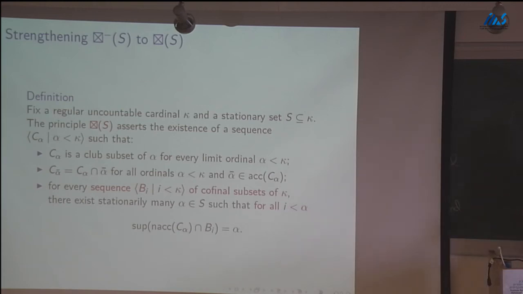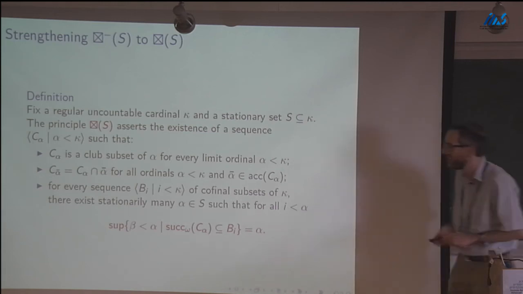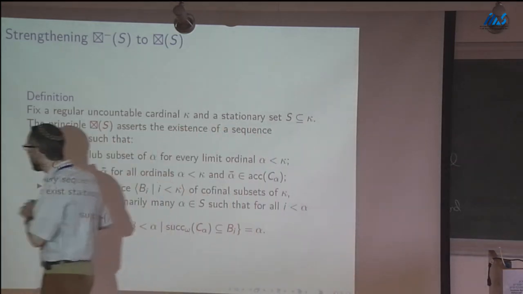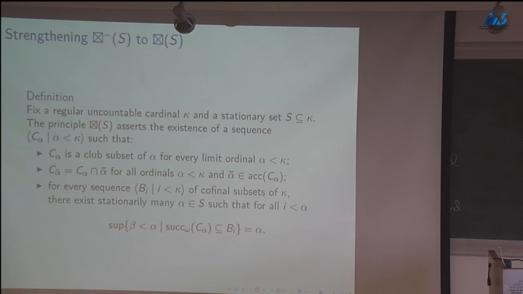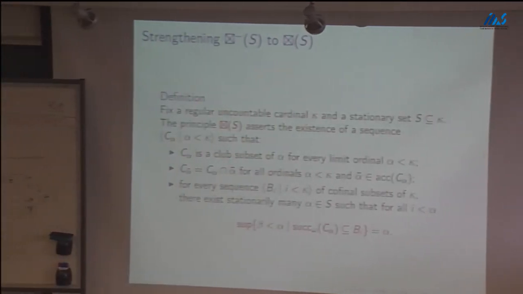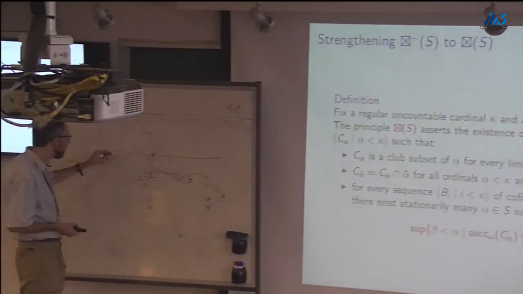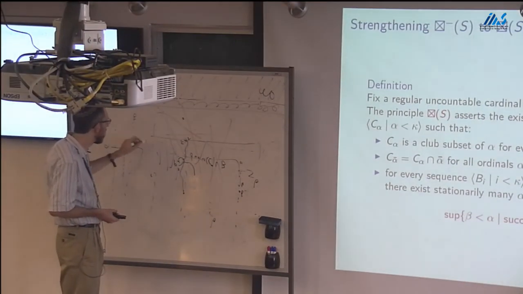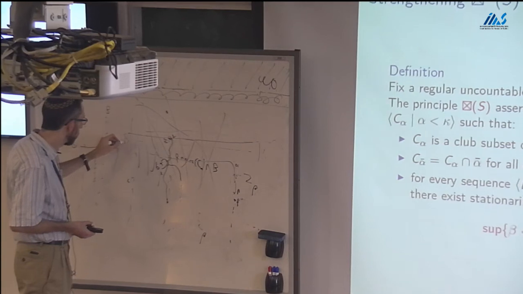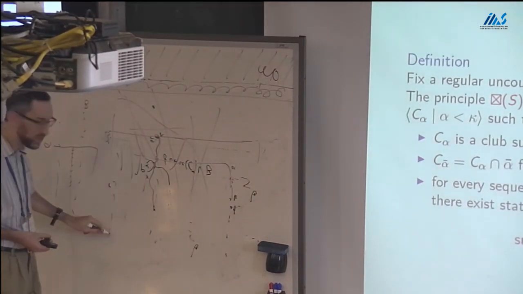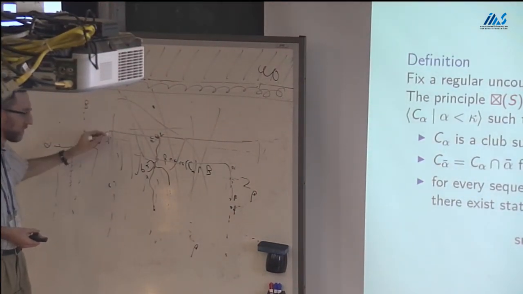And we're going to do one more strengthening, which I'll mention here, and that is, I'm not quite going to define all the terms here, but instead of saying just that our sequence C alpha has many intersection points with the set B or Bi that's given, we want to say that it has many sort of blocks of intersections.